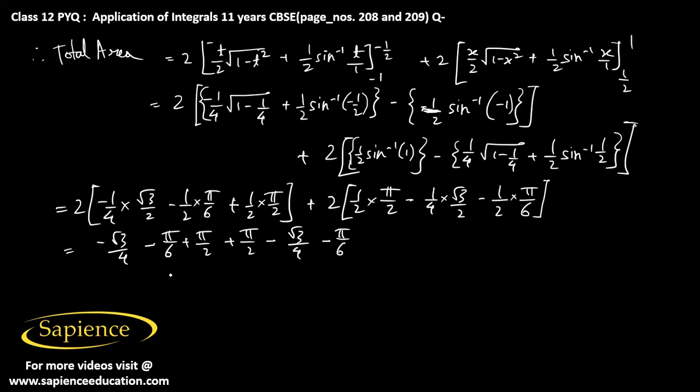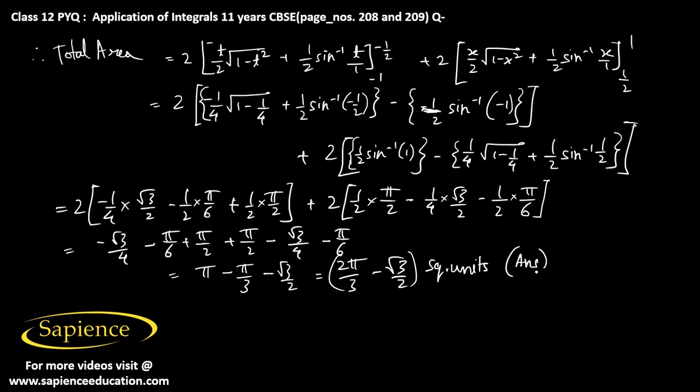So pi by 2 plus pi by 2 is pi, minus pi by 6 minus pi by 6, that is pi by 3. Now minus root 3 by 4 minus root 3 by 4, that is root 3 by 2. So the answer is 2 pi by 3 minus root 3 by 2 square units. So this is the final answer. Thank you.